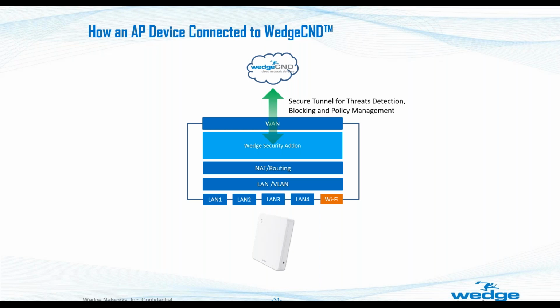We achieve this by incorporating an add-on package within the AP devices to establish a secure tunnel to WedgeCND, allowing security detection and filtering to be performed using the computational resources in the cloud. The cloud has massive computational resources compared to the local device. So this is WedgeCND's big advantage.